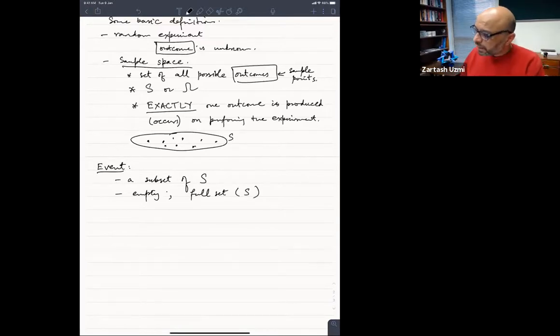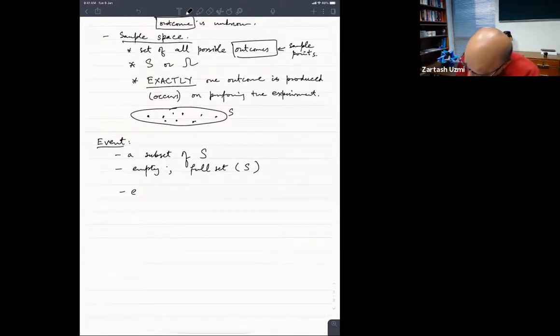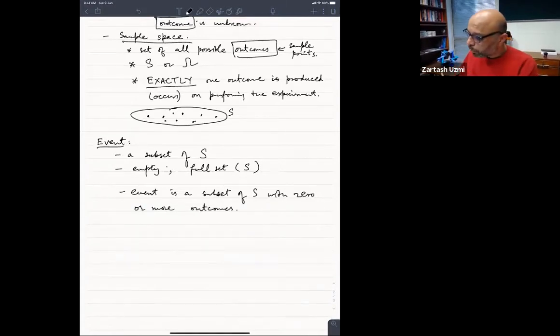It can be an empty set, it can be equal to S, so event is a subset of S with 0 or more outcomes. ठीक है, 0 or more outcomes.